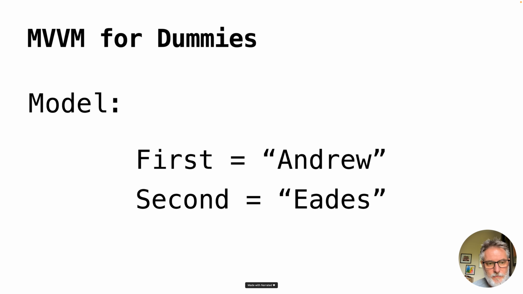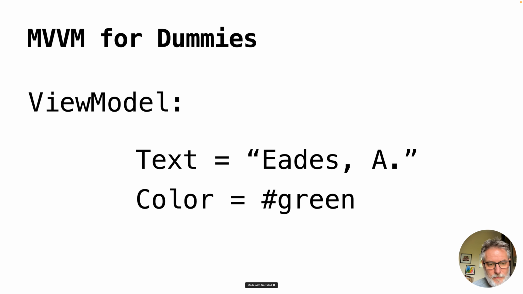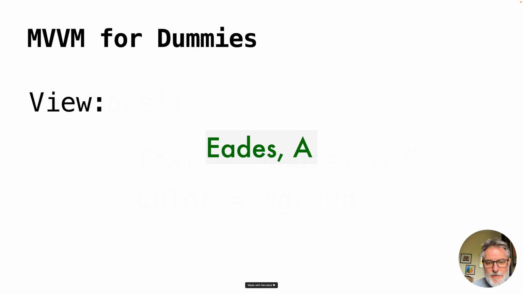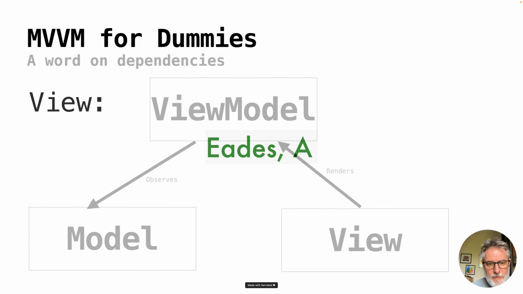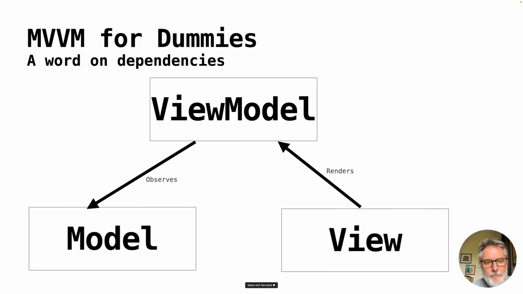And that comes from the actual model from the database of a different set of data, but you can see that we use the model data to derive the view model, and then the view presents that. And that's essentially it. I know this is vastly simplified for the sake of this presentation, but dependencies are important here, and this is why we separate the model, view model, and view.